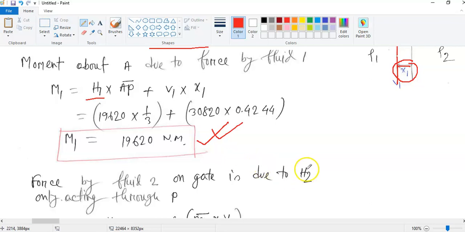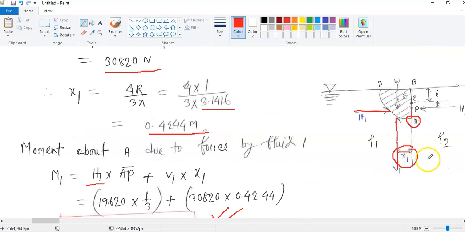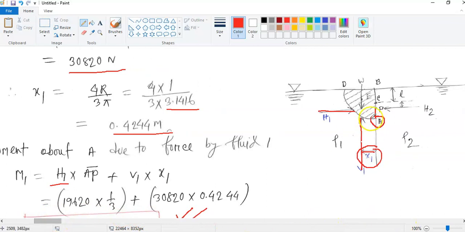Now similarly, for the second fluid, guys, look here, the second fluid will exert an equal amount of horizontal force, this way. This will be H2, for the second fluid with density ρ2. It will exert an equal amount of horizontal force through the center of pressure.